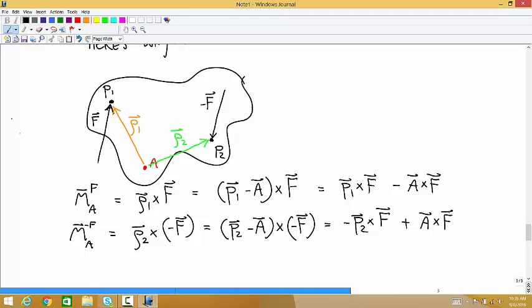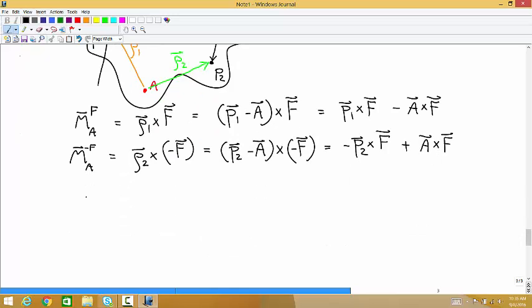Those negative signs can just pull right through all the calculations. And now add these two things up.